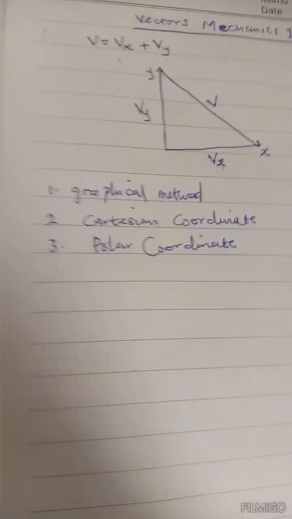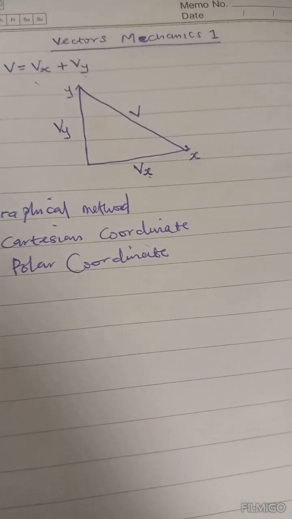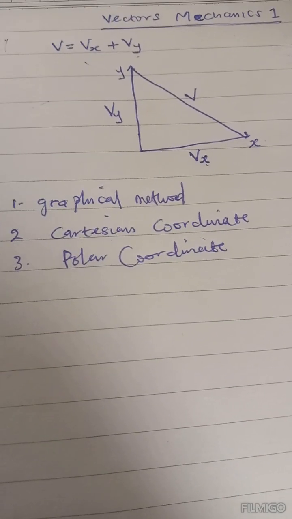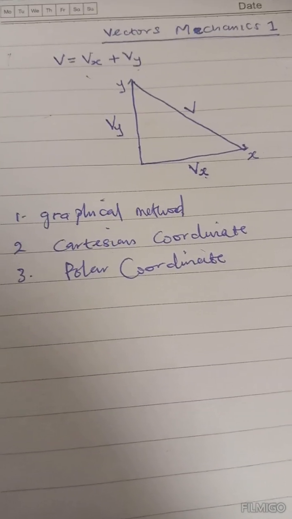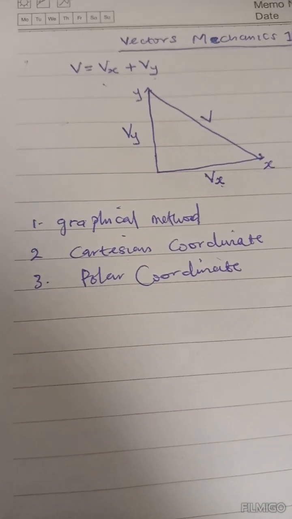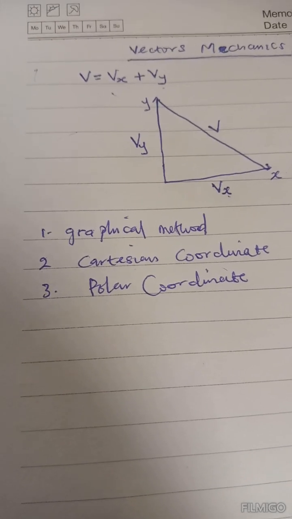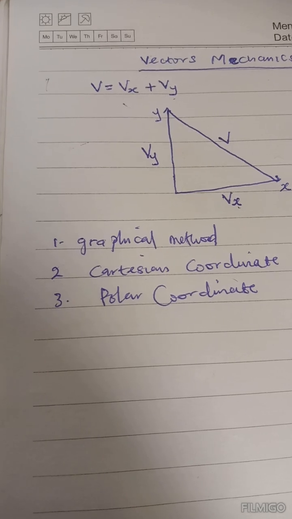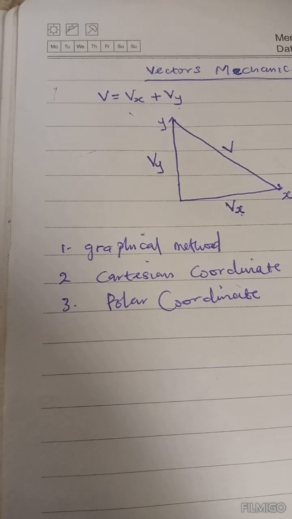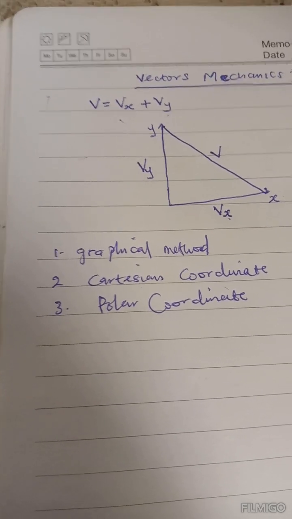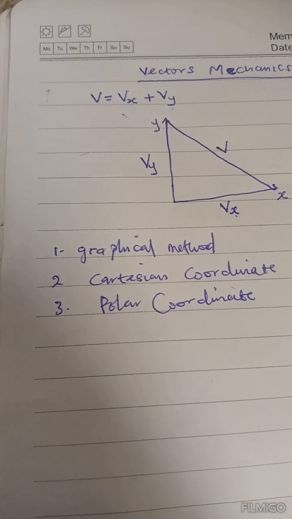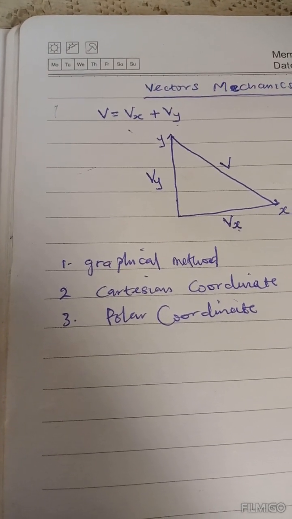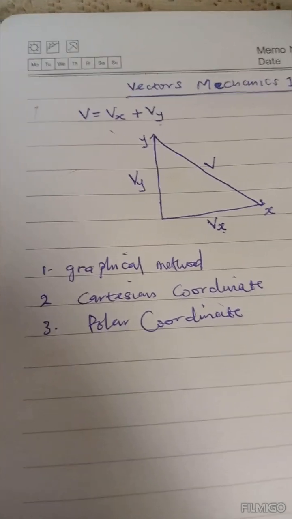For example, we have the parallelogram law of vectors, which states that if two vectors are represented by the adjacent sides of a parallelogram, then the diagonal drawn from the point of intersection represents the resultant vector in magnitude and direction.